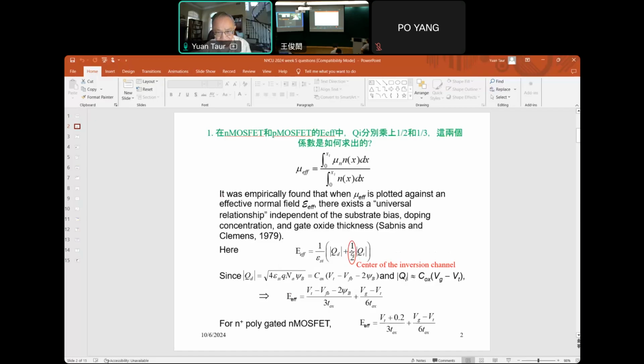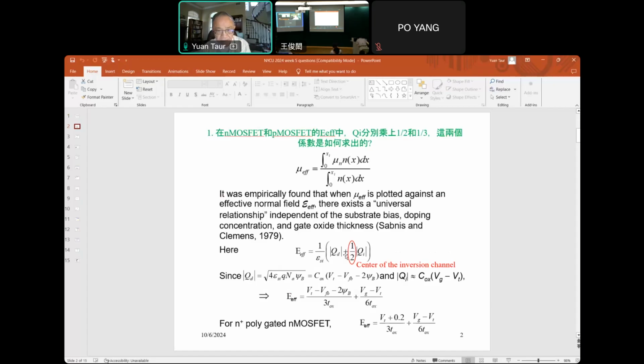the factor half in front of the Qi for the electron mobility is to refer to the center of the inversion channel. So this is the effective field. If it's total charge, Qd plus Qi, then that's the effective field at the surface.